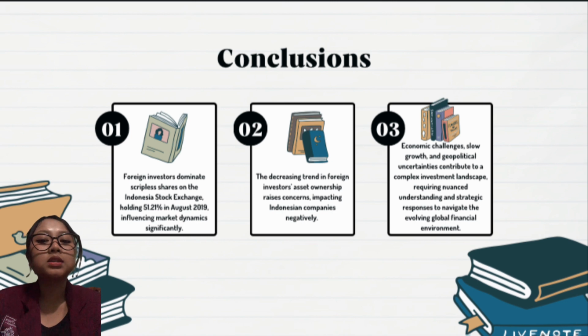The next slide is the conclusion, where I made this conclusion into 3 points. The first conclusion is that foreign investors dominate scripless shares on the Indonesia Stock Exchange, holding 51.21% in August 2019, influencing market dynamics significantly. Next, the second is that the decreasing trend in foreign investors' asset ownership raises concerns, impacting Indonesian companies negatively.